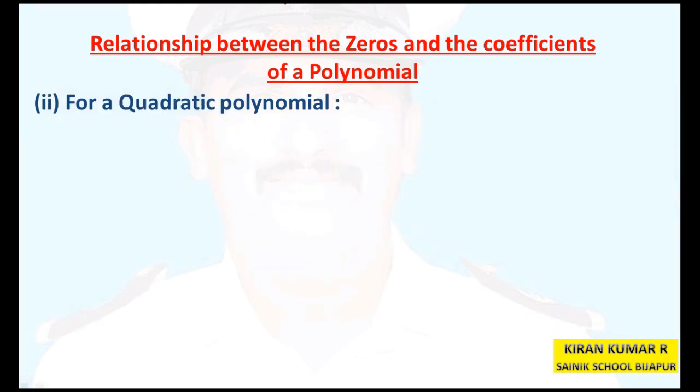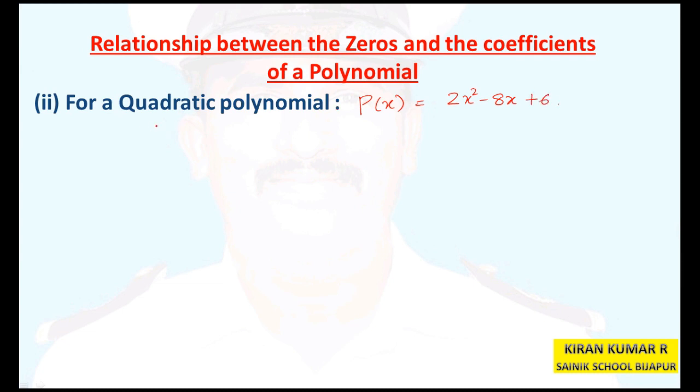Let us find the relationship between the zeros and the coefficients of a polynomial. The polynomial is a quadratic polynomial. Let us have a quadratic polynomial, say p of x is equal to 2x square minus 8x plus 6.